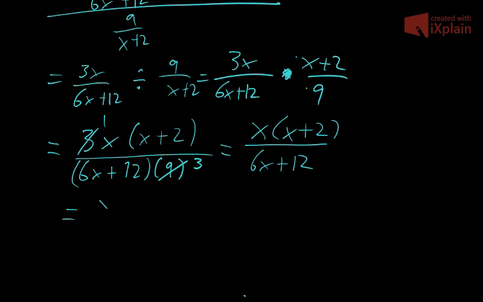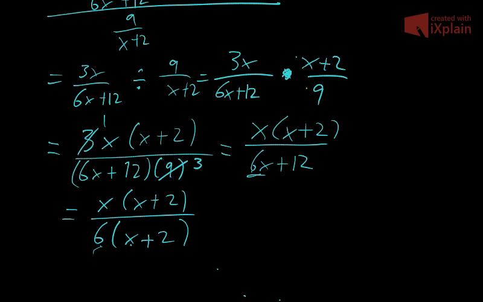So I have x times x plus 2 over 6 times x plus 2. 6 times x is 6x, and 6 times 2 is 12, so those are equal. Just factored that out real quick. Now I have this x plus 2 on top and on bottom, which means they cancel. And I get x divided by 6 as my final answer, which is a little bit crazy, but it works out for me, so I'm going to stick with it.